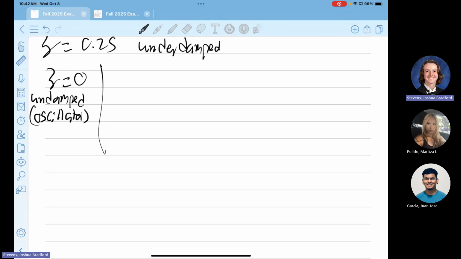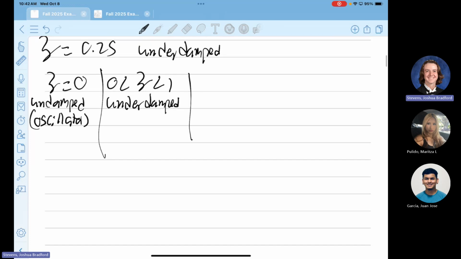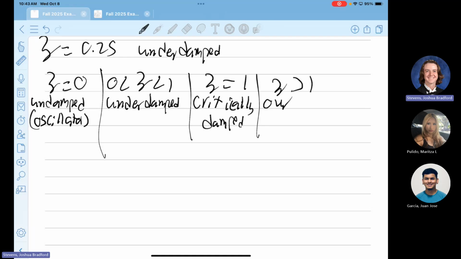If zeta is between 0 and 1, it is underdamped, as in what our equation or our problem becomes. When zeta equals 1, as he just said, critically damped. And if zeta is greater than 1, overdamped. So that is very important to know.